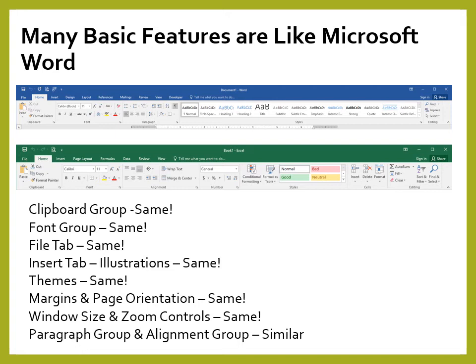Insert tab where you have illustrations where you can insert shapes and images from online or your computer device, also the same. There's also themes and styles. There's margins and page orientation. Those are also the same. Being able to size and zoom in your window, also the same. The paragraph group and alignment group is very, very similar. It just has a little bit different features because you're storing your information inside boxes that we call cells.